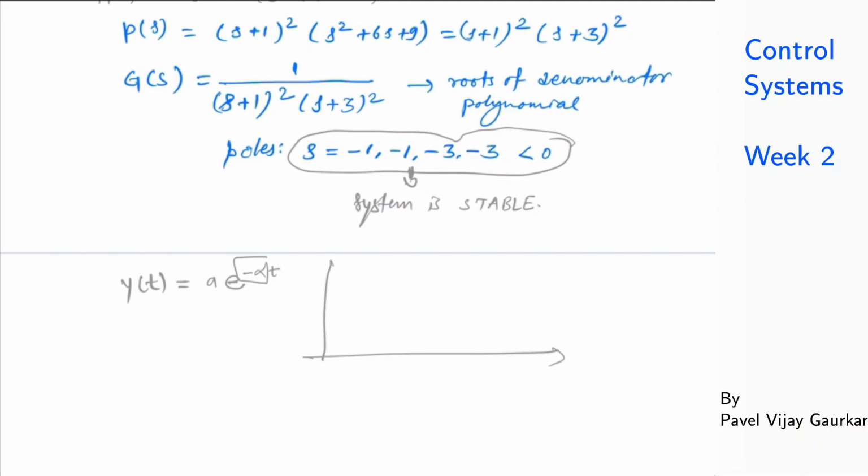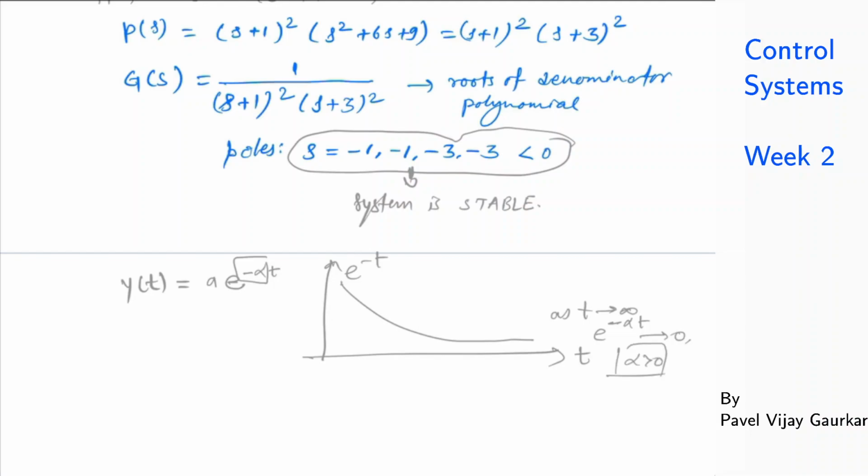And if we plot e power minus t, as t tends to infinity, e power minus alpha t would tend to 0 given alpha is a positive quantity.